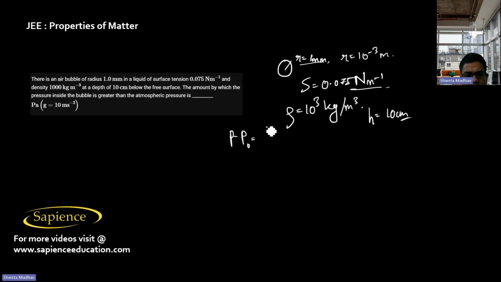So P minus P naught, that we know, that is 4S by R. So it is 4 into 0.075 by R. Okay, so it is pressure inside minus pressure outside, that is 4S by R.